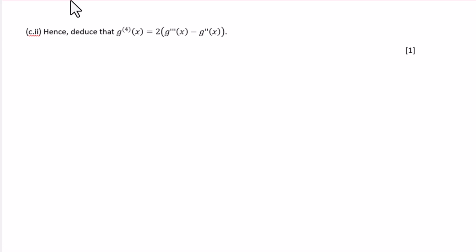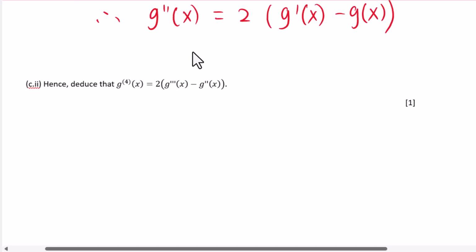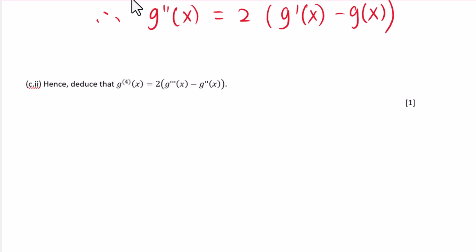C2, deduce that the fourth derivative of g of x equals 2 times g triple prime of x minus g double prime of x. We already know from C1, g double prime of x equals 2 g prime of x minus g of x.